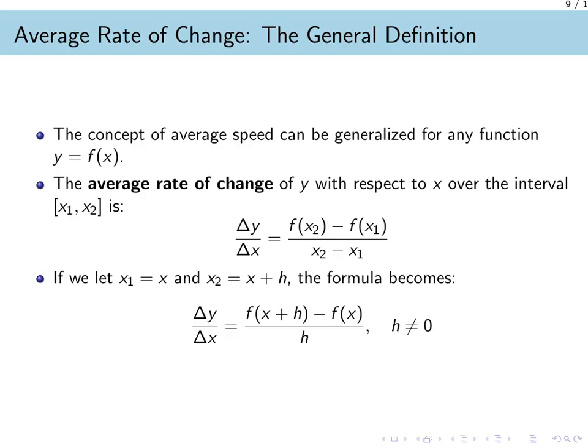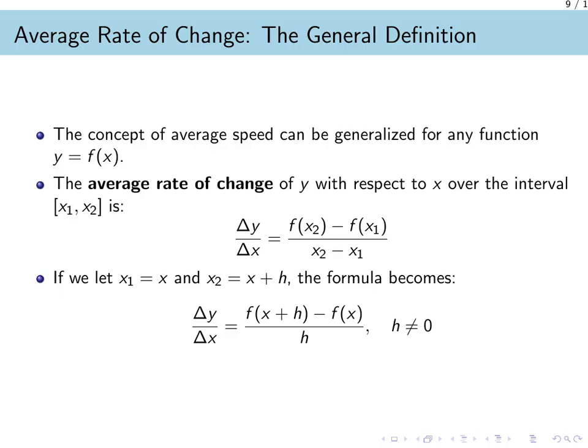The first formula shows this as the fraction f of x2 minus f of x1, all over the quantity x2 minus x1. To make this notation simpler, we often call the length of the interval x2 minus x1, just h.